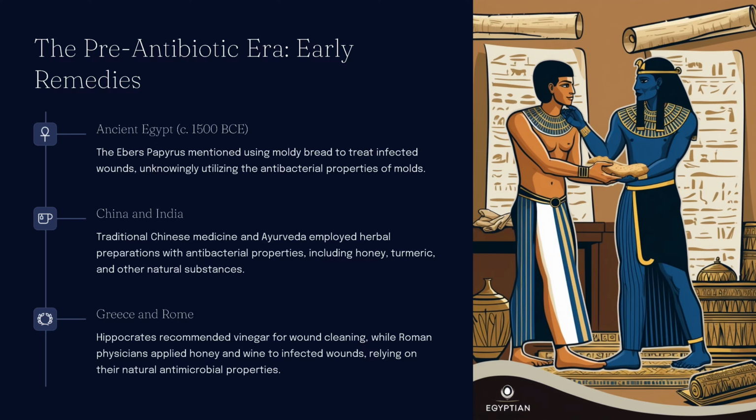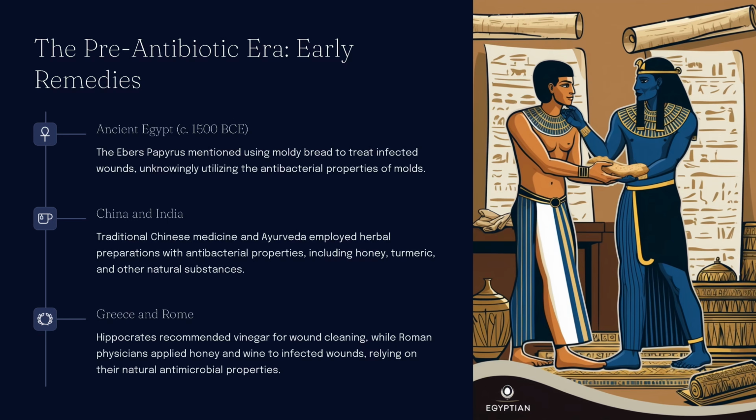In ancient Greece and Rome, Hippocrates, who is also known as the father of medicine, recommended the use of vinegar for wound cleaning, while Roman physicians applied honey and wine to infected wounds, relying on their natural antimicrobial properties. Though these remedies were effective to some extent, they were inconsistent and poorly understood. The absence of scientific knowledge about microbes meant that these practices relied on observation rather than controlled experimentation.